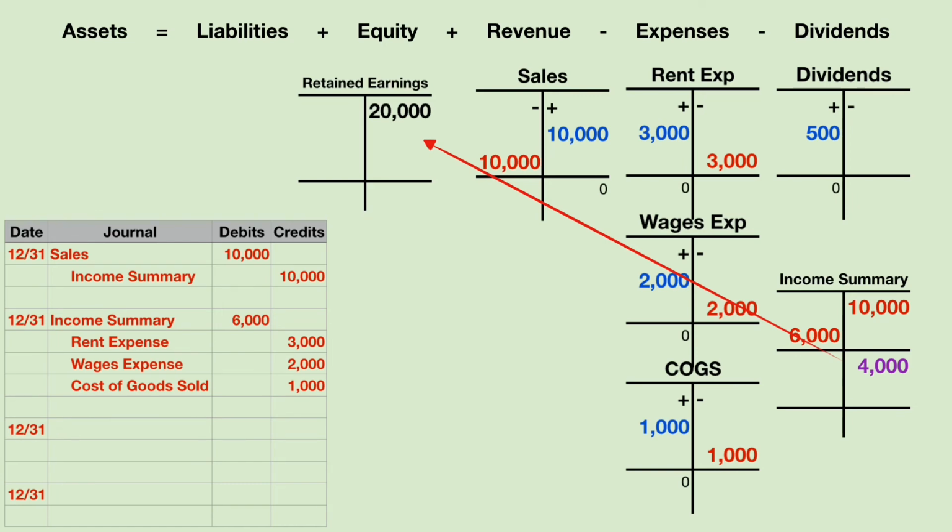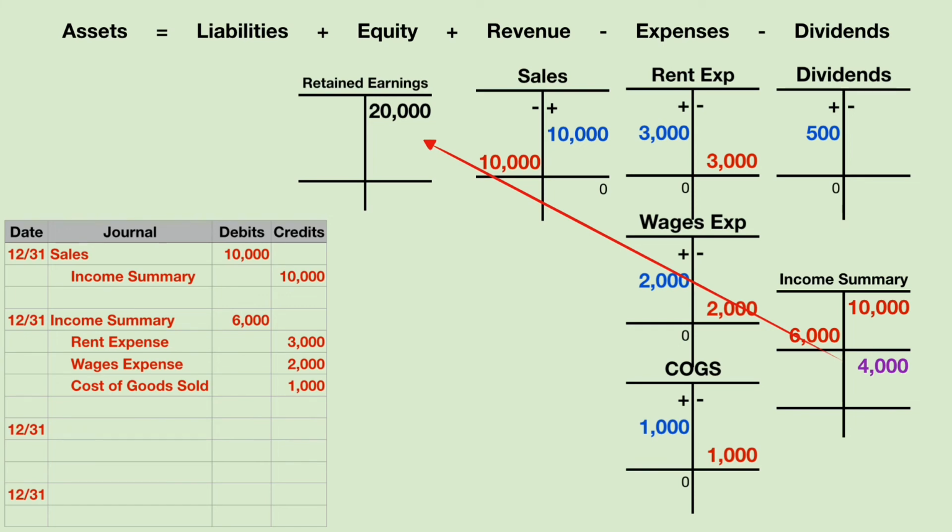Again, we want to move that $4,000 to retained earnings. In this case, the $4,000 in income summary is a credit number. That means that year we had a net income. But sometimes income summary could have a debit balance in the years when we had a net loss.